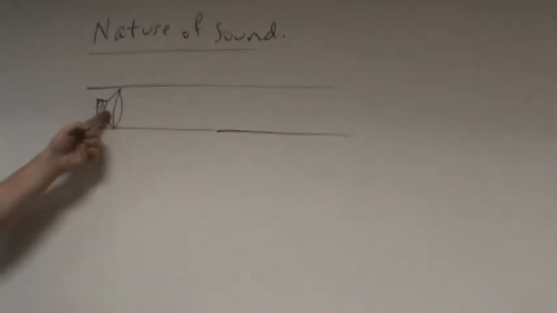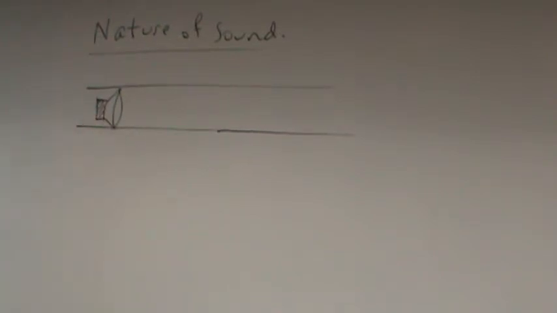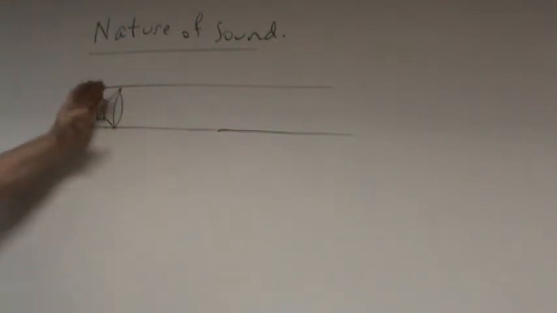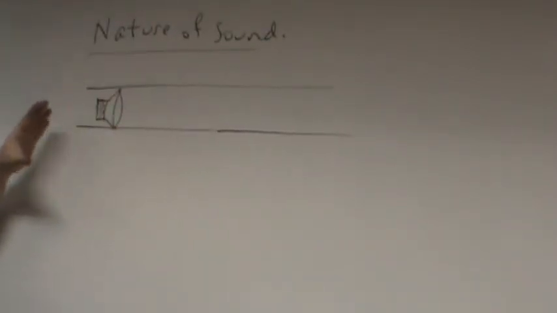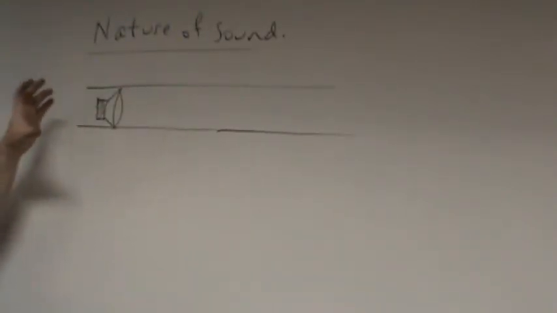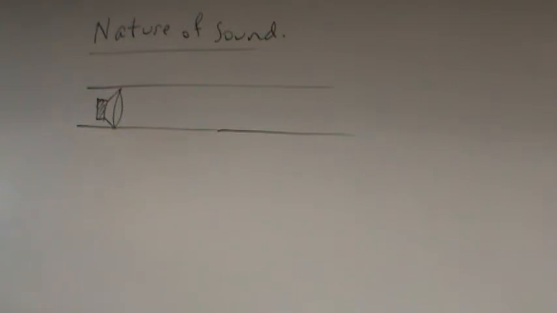This is a type of speaker that's in your cell phone or wherever. This is like a big stereo speaker. All a speaker is, is just a cone, and the cone vibrates. This cone just pushes air and then pulls back, and then pushes and pulls back, and it just vibrates back and forth. And by compressing and decompressing the air, you get your sound.